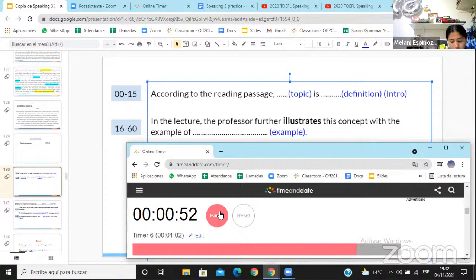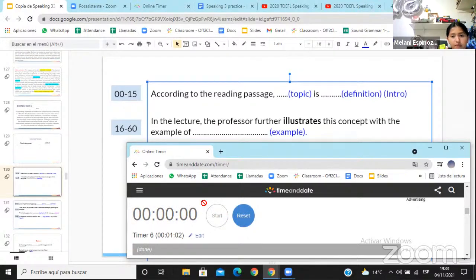In the lecture, the professor further illustrates this concept with the example of the kids in the class when they might get punished when they don't act well, and the unpleasant consequences make them behave and follow the rules, and that's how they learn based on the consequences of their actions.